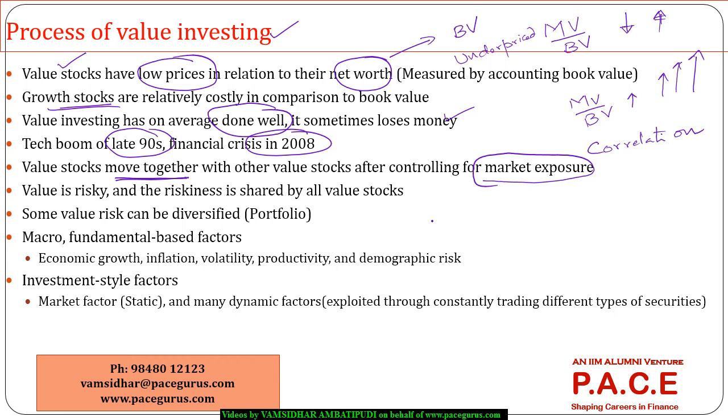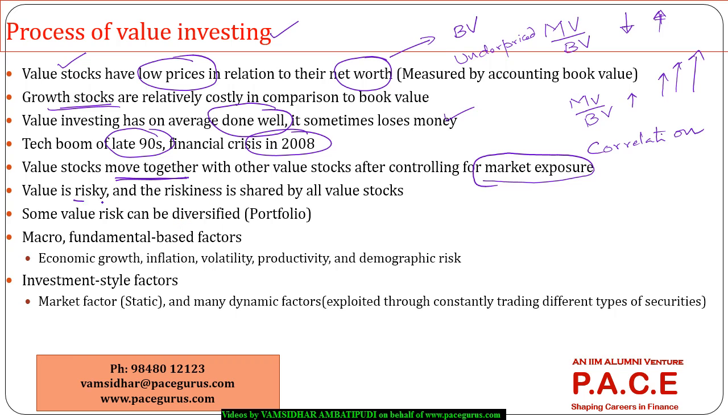So once I control for the market exposure, almost all the value stocks move in a similar manner. If they grow, they are all growing. If they fall, they are all falling. The correlation is much higher after you control for the market exposure.